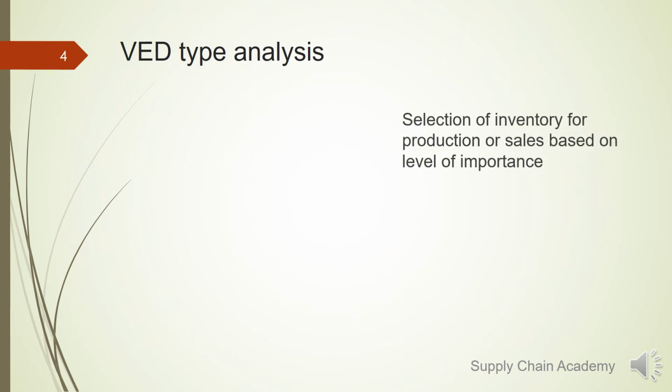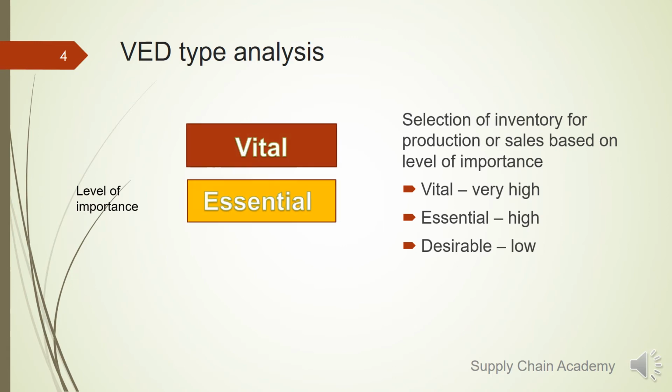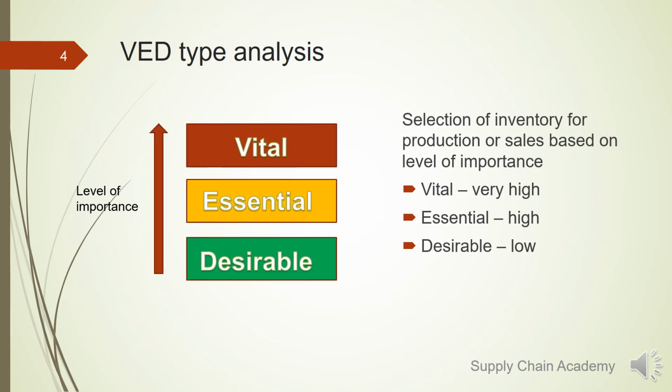VED analysis is slightly different from ABC analysis, because here the selection of inventory is based on the level of importance. So we have vital, very high importance level, essential, high, and desirable, low importance level inventory. And the importance level goes from desirable up to vital.